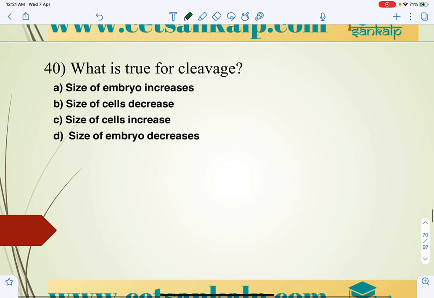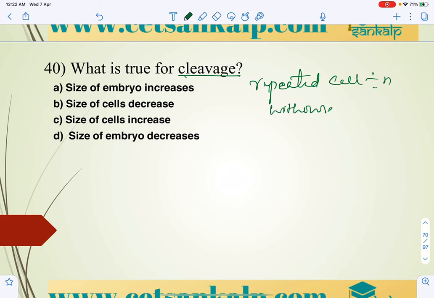So what is true for cleavage? I've already mentioned that cleavage is repeated cell division without increase in size. The size decreases actually, and the number of cells increases.